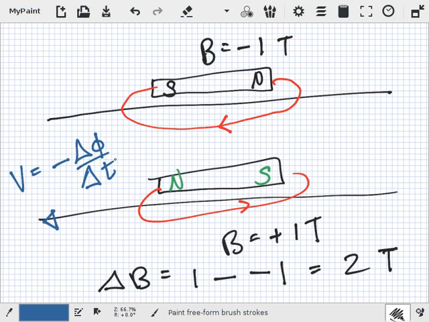Now remember, the current is only present as it's changing. As soon as I stop moving it, the current will disappear. Is the current flowing right now? No. But the moment I pick it up and start turning it, I get a current.